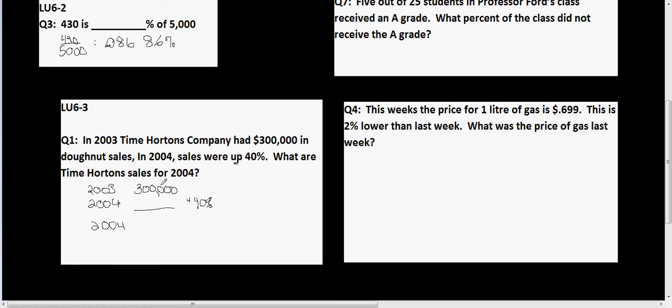So 300,000 plus 40%. How do we do that? We multiply 300,000 times 0.40. 40% is 0.40. 4% would be 0.04. 4 times 3 is 12. There were 1, 2, 3, 4, 5, 6 zeros. I could put 6 in.